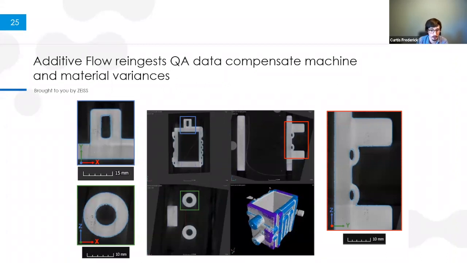Those were unintended regions, but we're able to detect that with X-ray CT. And because this is a volumetric data set, we can feed this back into Additive Flow, and they can adjust the parameter sets in those regions and fix that in the future. So if there was an issue with changing laser passes in this region, it's unintended, we're able to fix that in future builds.